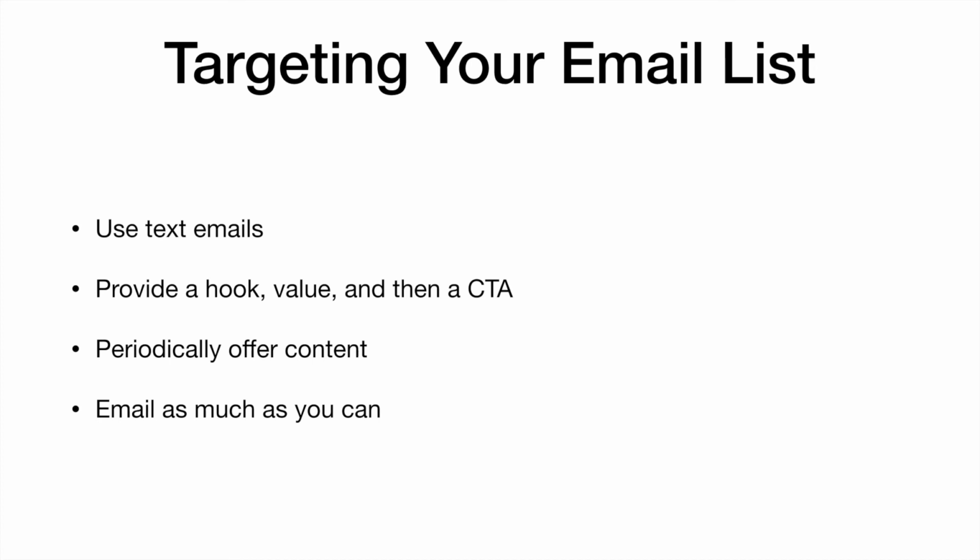And the most important part of an email is the text. When you're writing your emails, unless it's your welcome type email or you're sending people your lead magnet via your autoresponder, you're going to provide some kind of hook, so some kind of entertainment. You're going to provide value in your email, and then you always want to include a call to action.